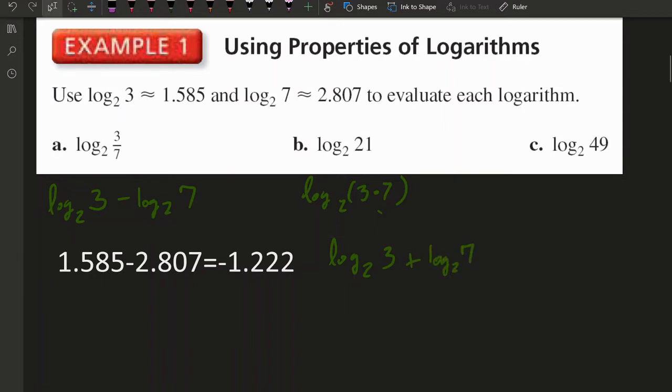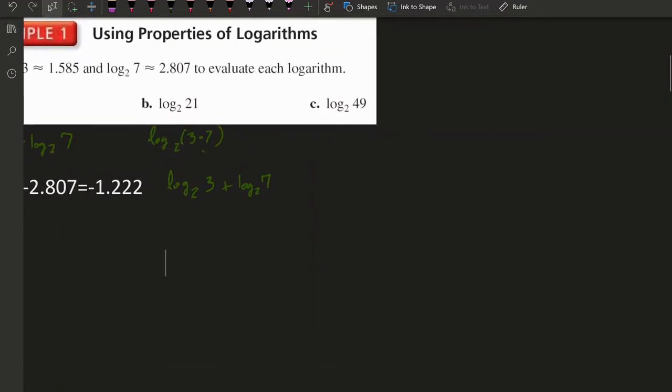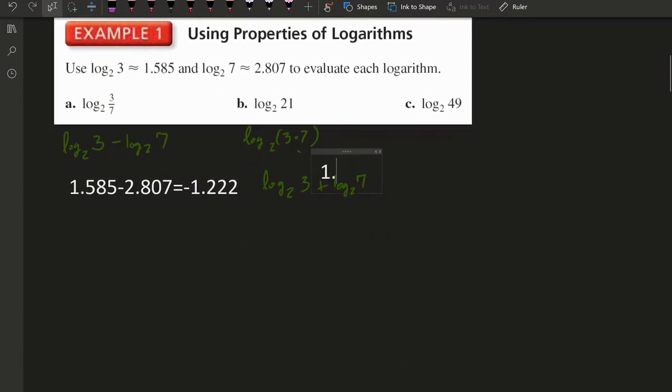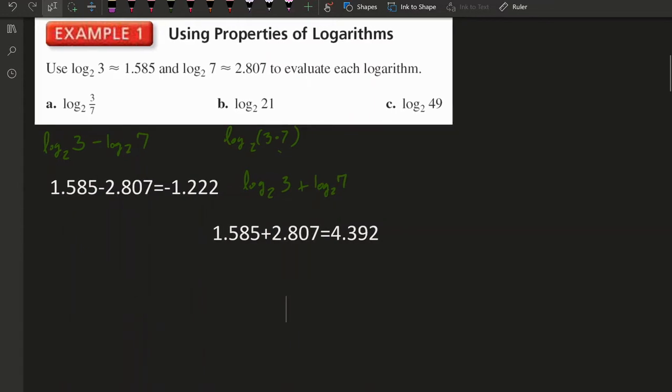And then again, using substitution, I would just say 1.585 plus 2.807, and that is equal to 4.392.